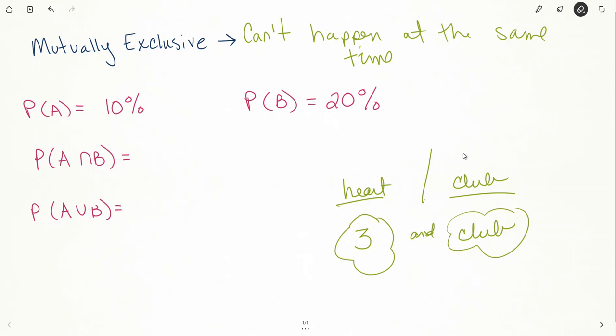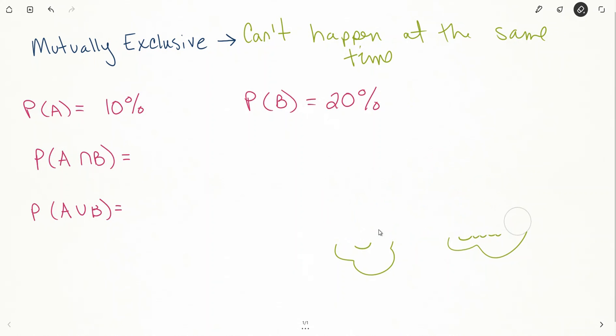Let's look at the example of finding the probability of getting a card that's both a 3 and a club, or whatever the different case might be. So let's find the probability of getting both event A to occur and event B to occur.